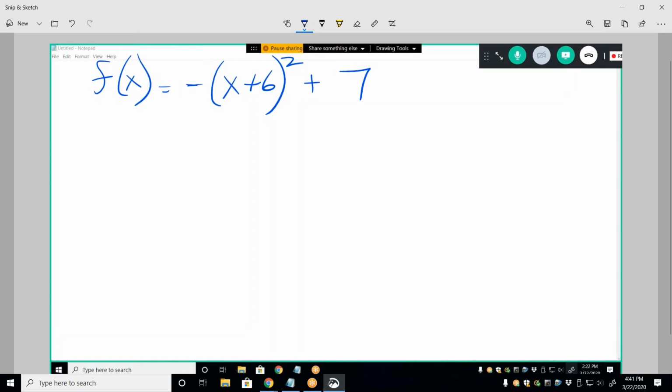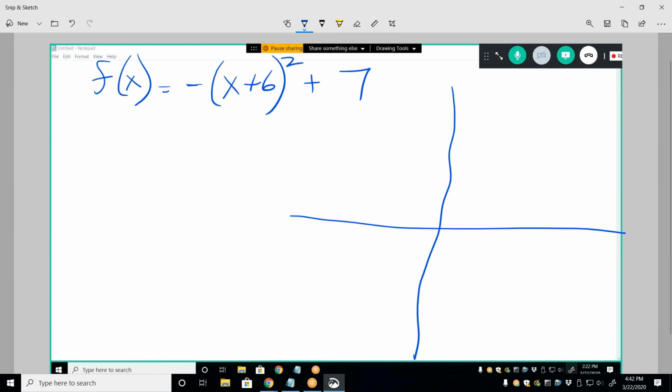They want the axis of symmetry? Yeah, so it says determine whether the statement is true or false. So the axis of symmetry for the function f of x is x equals 7. Okay. So it's trying to determine whether or not the axis of symmetry is x equals 7.